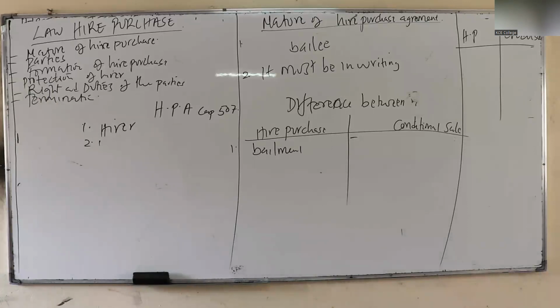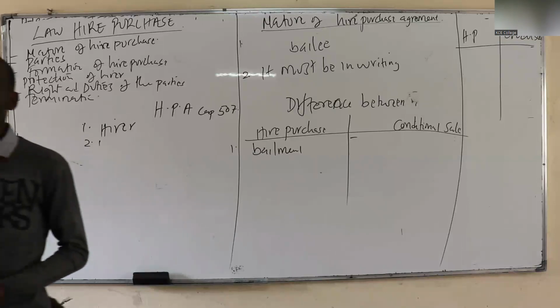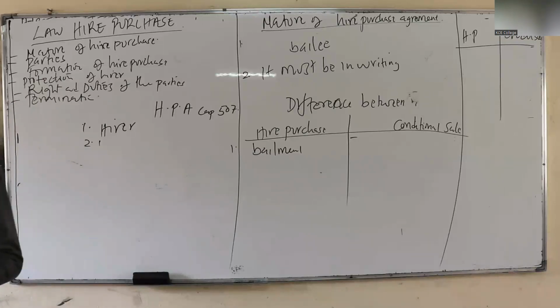Number two, it's a contract of bailment. On the other side, it's a contract of sale of goods.